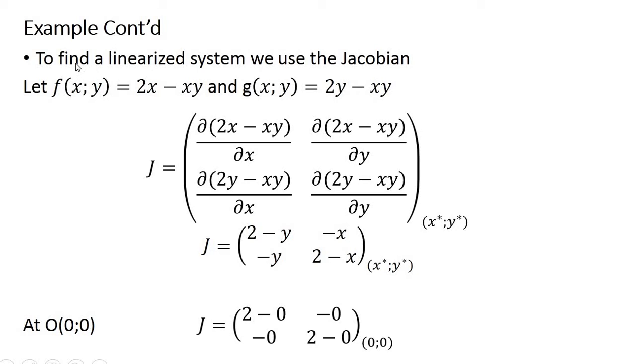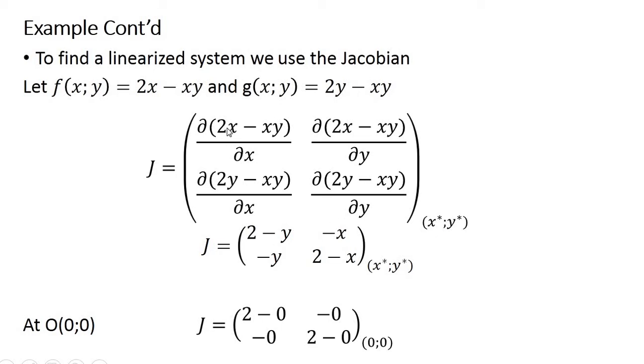So we linearize our system. We have f(x, y) given by 2x minus xy, and g(x, y) given by 2y minus xy. The Jacobian is partial f partial x, partial f partial y, partial g partial x, partial g partial y, evaluated at the equilibrium point.